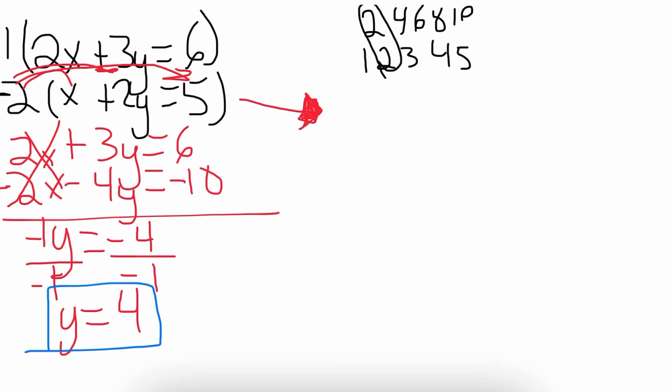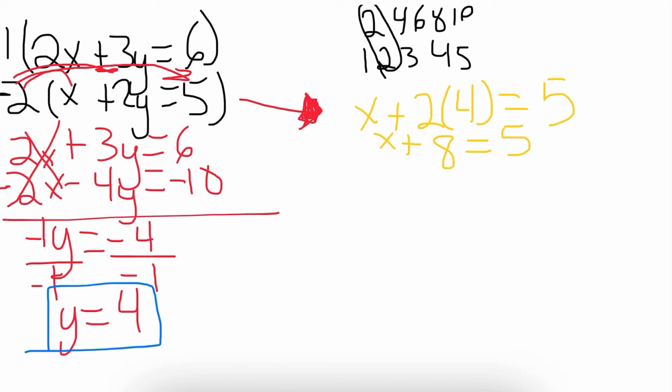So I'll have x plus 2 times 4 equals 5. 2 times 4 is 8. So I have x plus 8 equals 5.